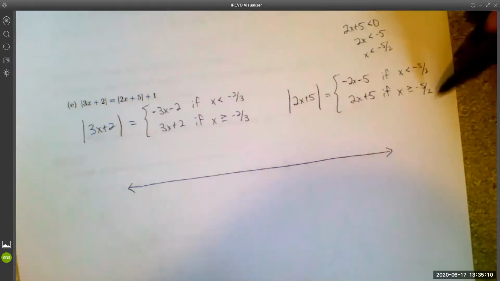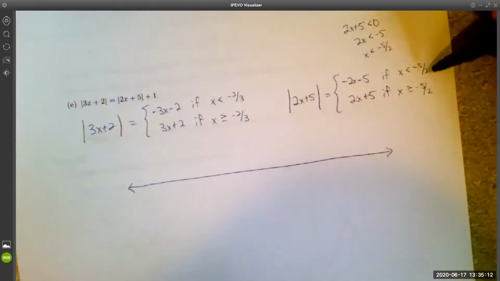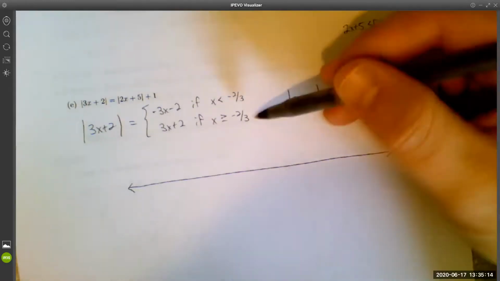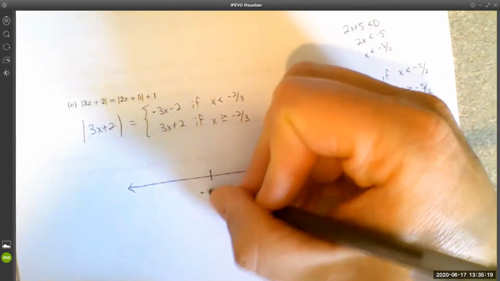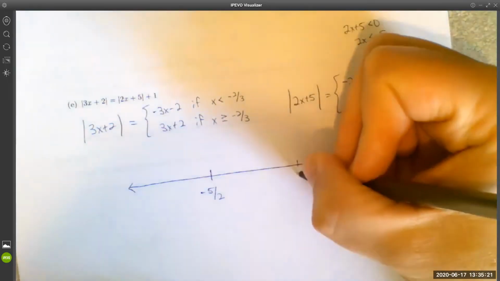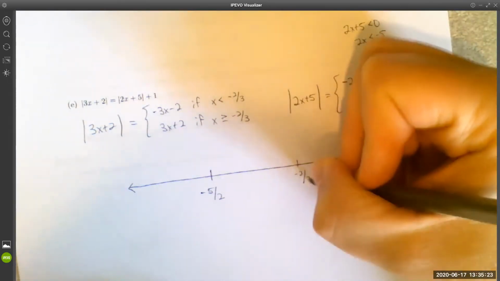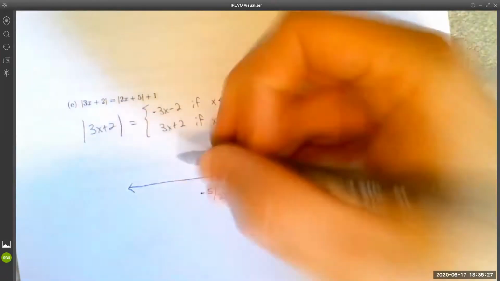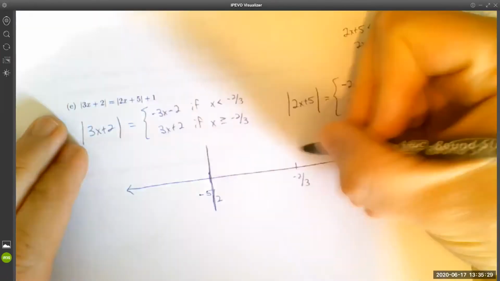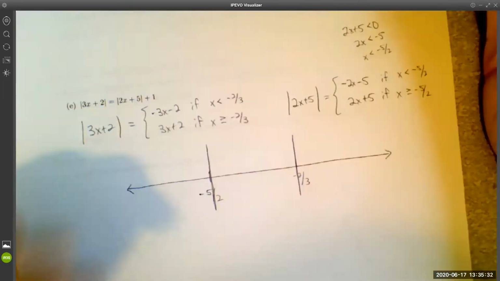Negative 5 halves is smaller than negative 2/3. It's like this is negative 2.5 and this is negative 0.6. So negative 5 halves is maybe somewhere over here, and negative 2/3 is maybe somewhere right there. This splits the real numbers up into three sections, right?